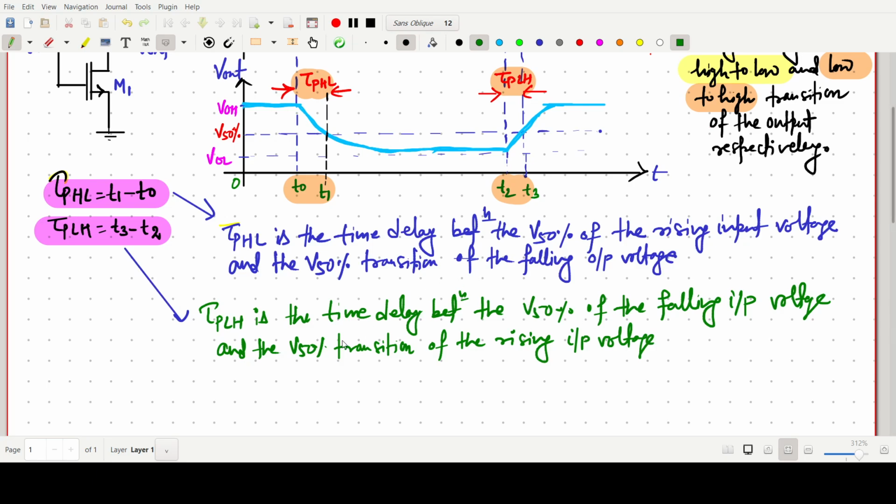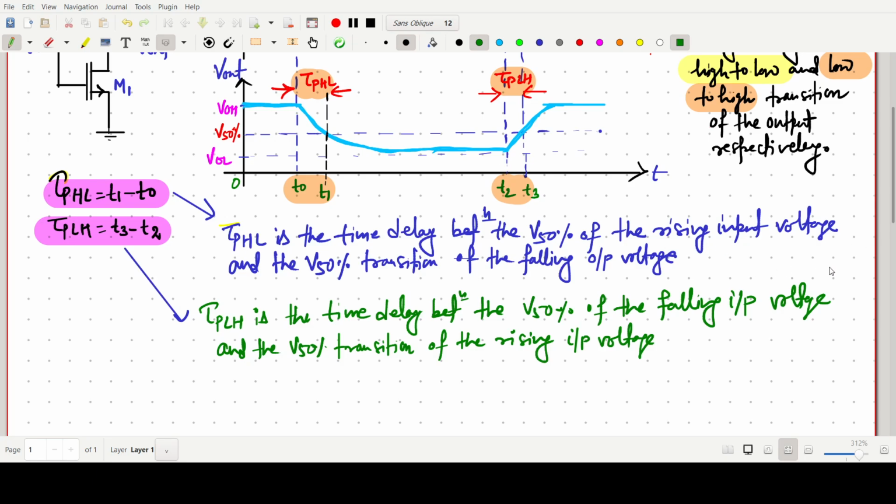Very similar to that, but here in tau PLH we have to say the time delay between the V50% of the falling input and V50% of the rising output voltage.